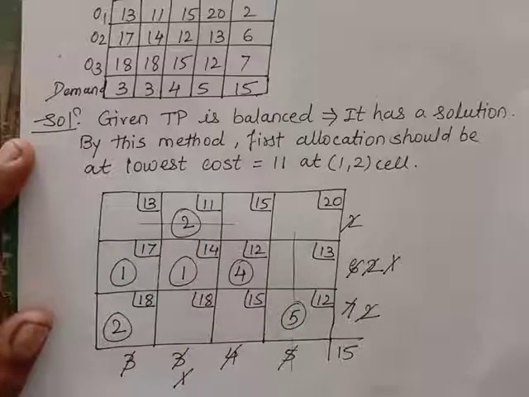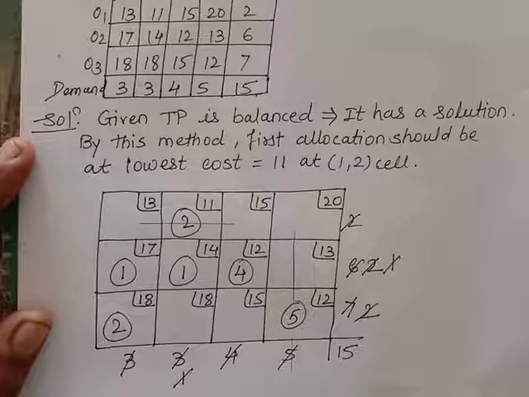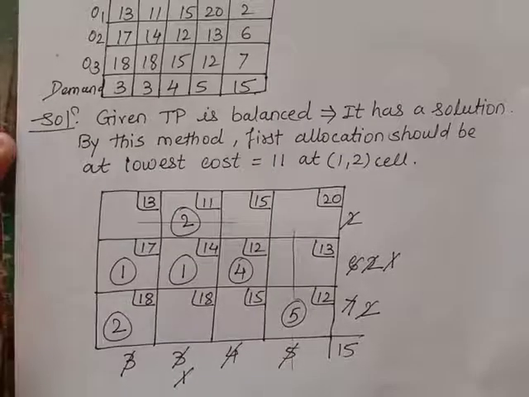So again now allocations are equal to m plus n minus 1. Therefore it is a basic feasible solution.